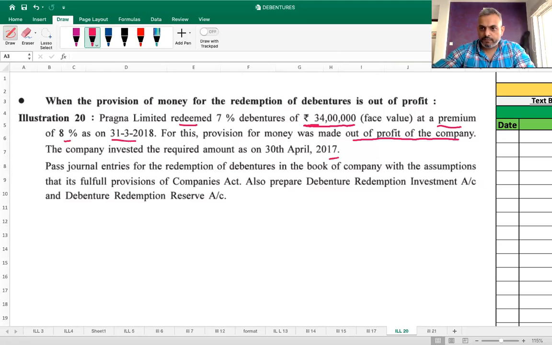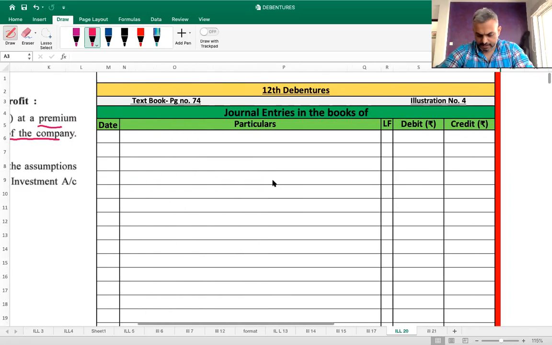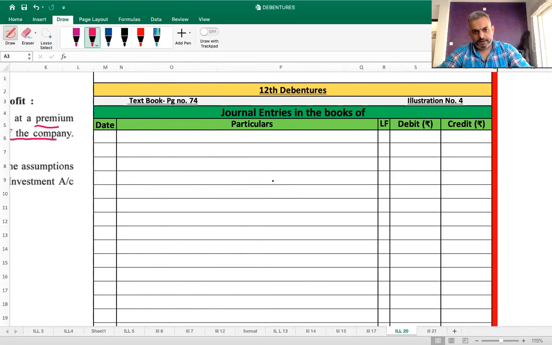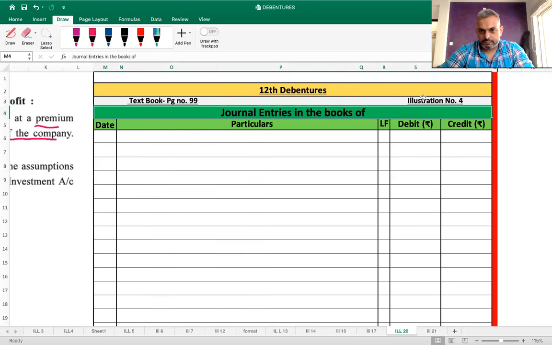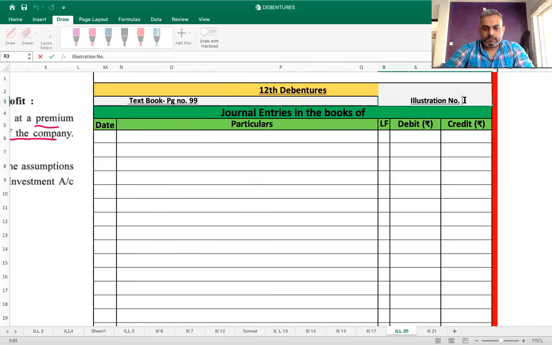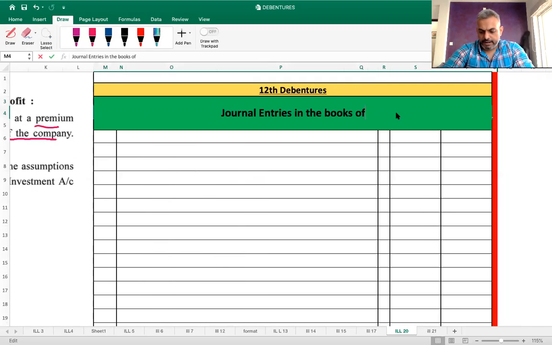So let's proceed with the entries. Please write the heading. It is textbook page number 99.